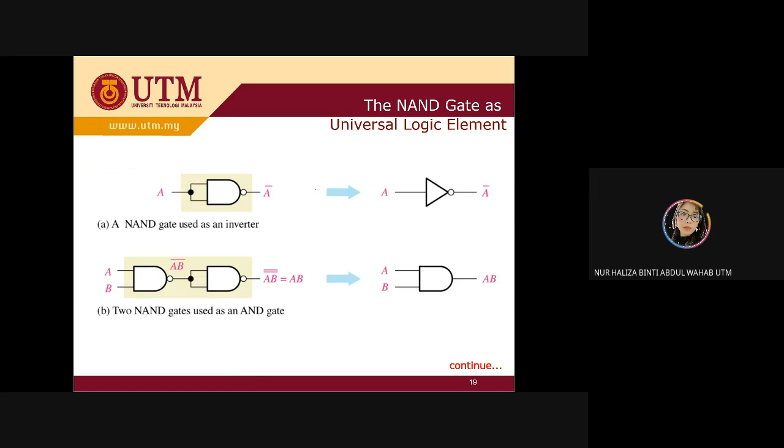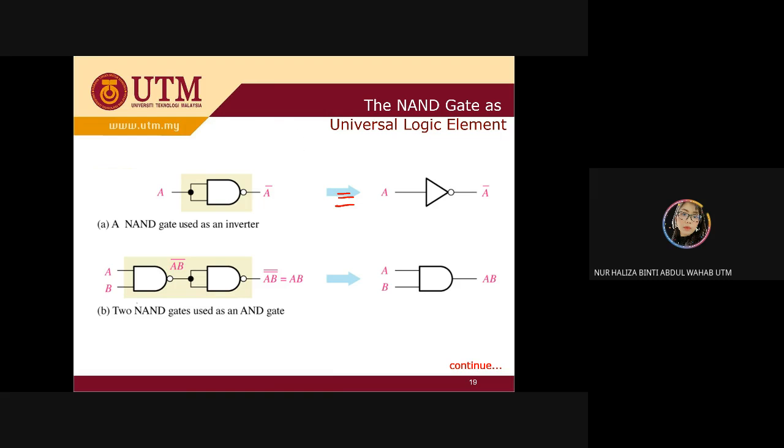So it is similar to a NOT gate. So this is your NAND gate. You combine the input to be one input. It is similar to your NOT gate. If you have A here, this will be A bar. And that is the first thing you need to know.